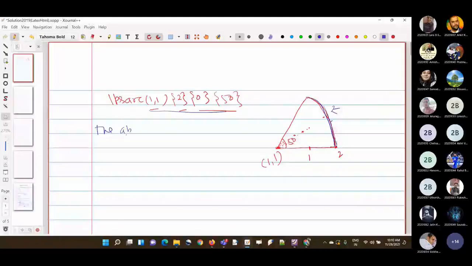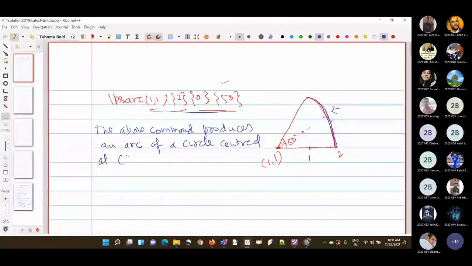The command produces an arc of a circle centered at 2 2, having radius 2, and covering the angle from 0 to 50 degree.